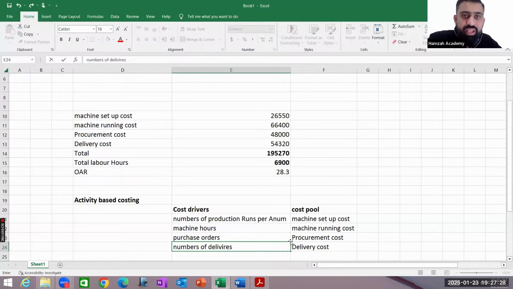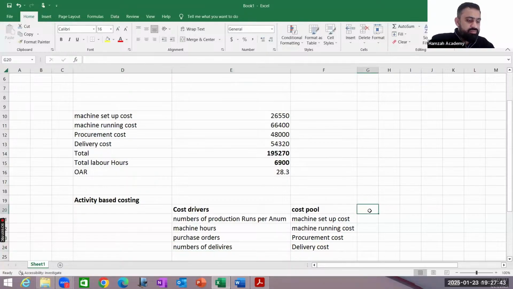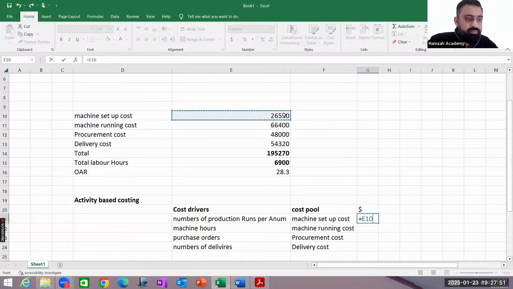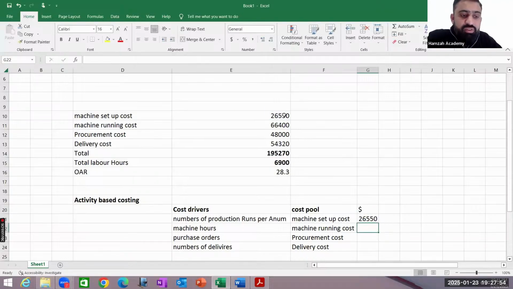Now, in ABC costing system, we need to determine for each cost pool its individual absorption rate. If we talk about the cost of machine setup, that is 26,550, and the total number of production runs.